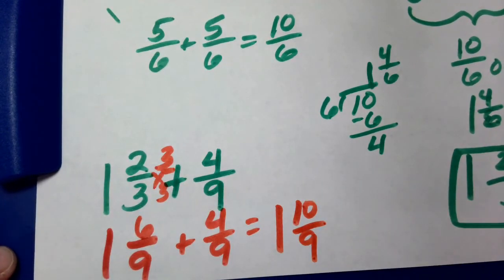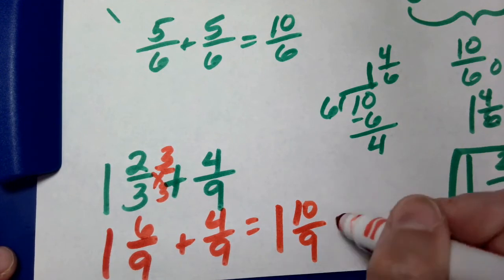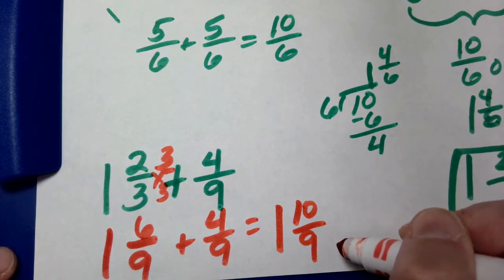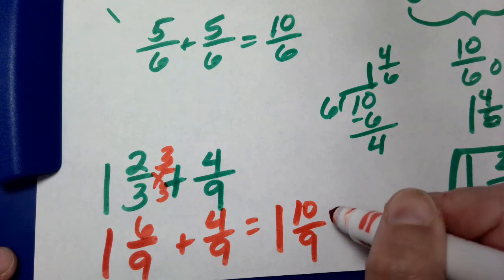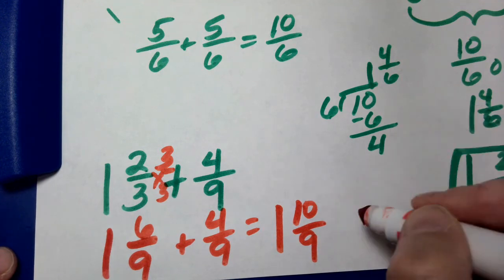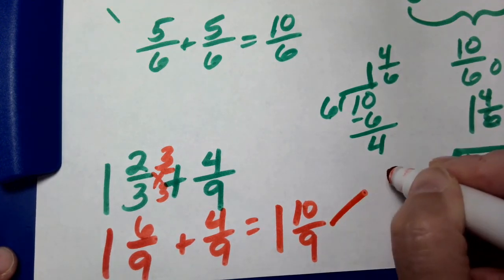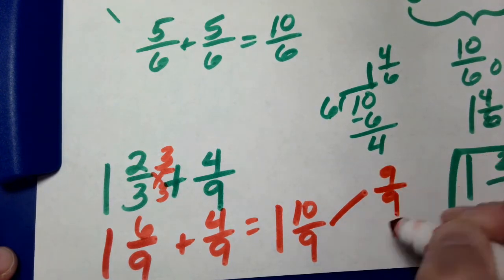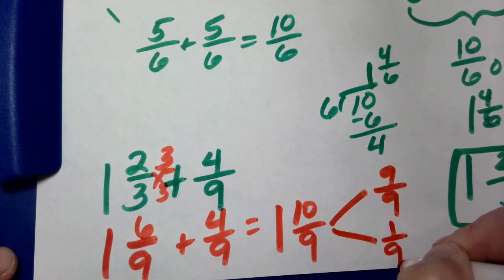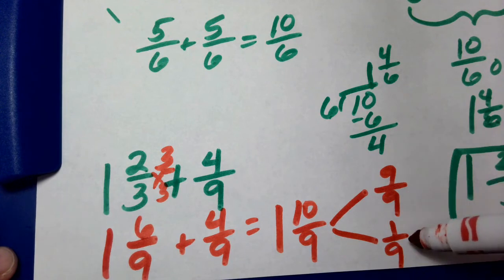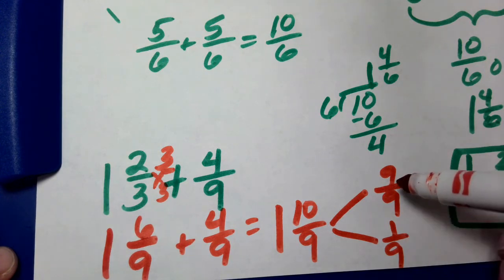And I can't leave it like that because I have a whole number plus this improper fraction over here. So I'm going to have to rename the 10/9. I can split that up into 2. So I can do 9/9 and I can do 1/9. And together the 9/9 and the 1/9 will make 10/9.